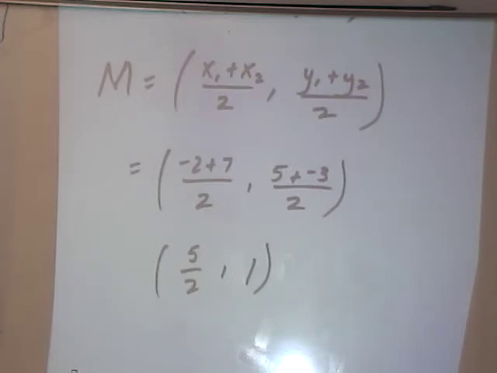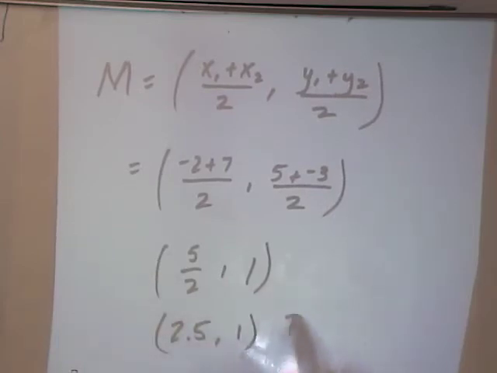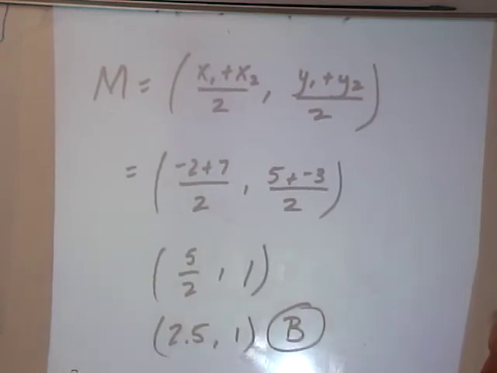What do you think? B. Looks like B, right? 5 halves is 2.5. So we'll go with B. Any questions on the midpoint formula? Midpoint, right in the middle. So it's like an average. Add up the x's, divide by 2, add up the y's, divide by 2.